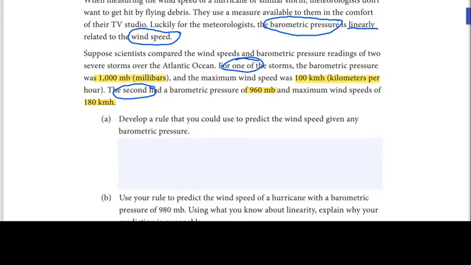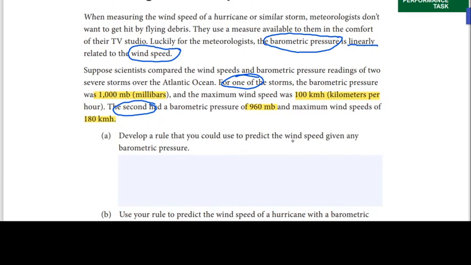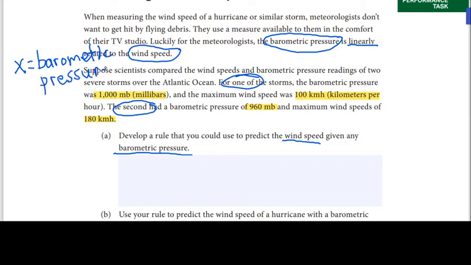So back to the basics: wind speed and barometric pressure. Let's label some things and define what we're going to use here. Let's say that X is going to be our barometric pressure, measured in MB, millibars.